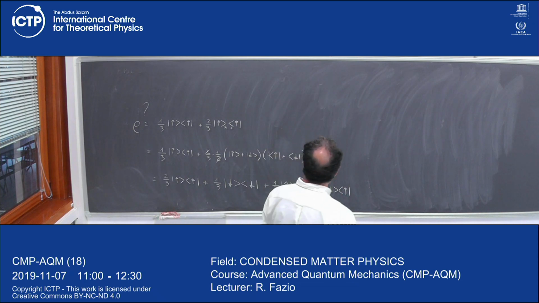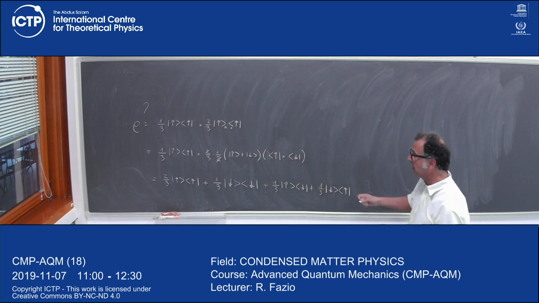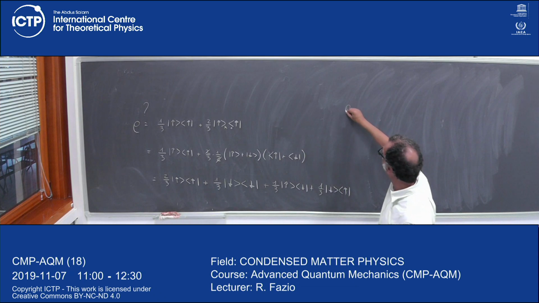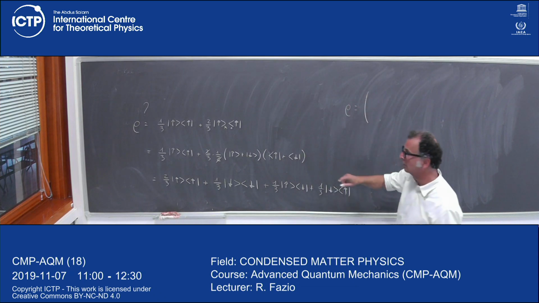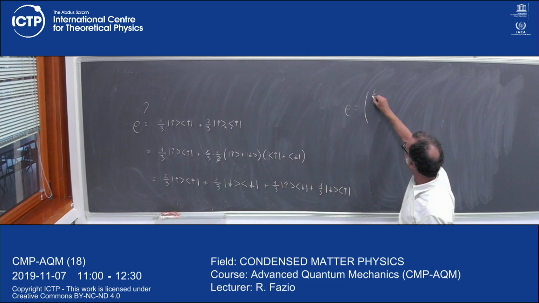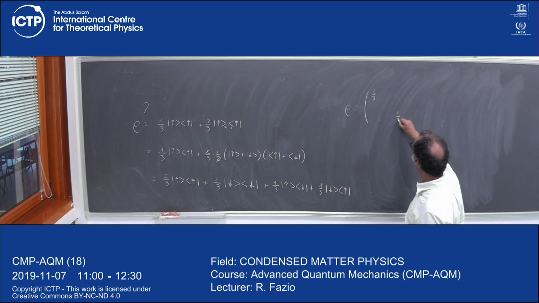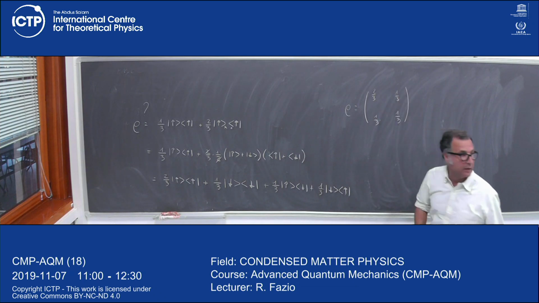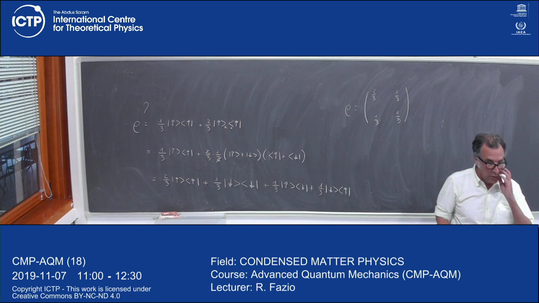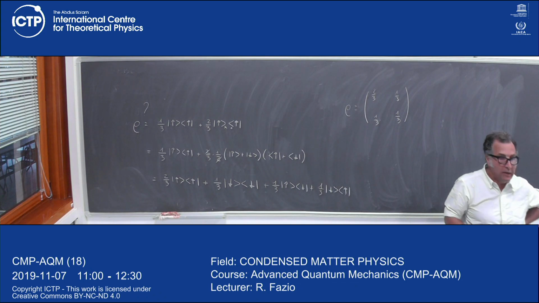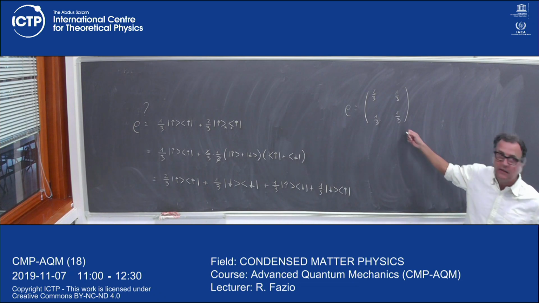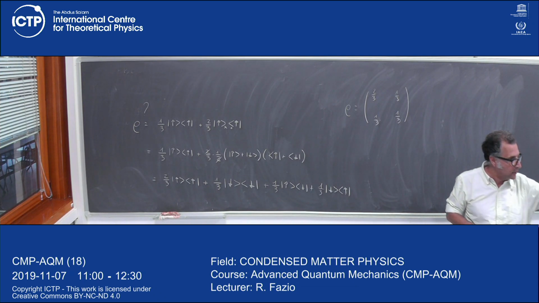So we just write this as a matrix: I get 2/3, 1/3, and then 1/3 and 1/3. So then we have the following question. We would like to know if this is a good density matrix, so we try to answer your question.